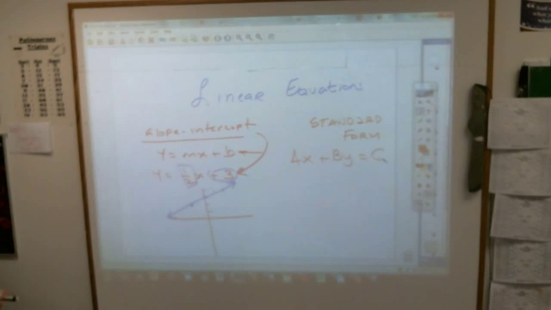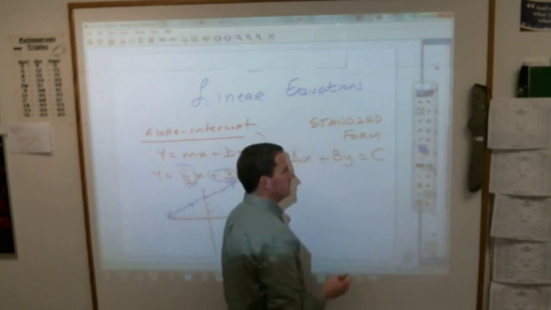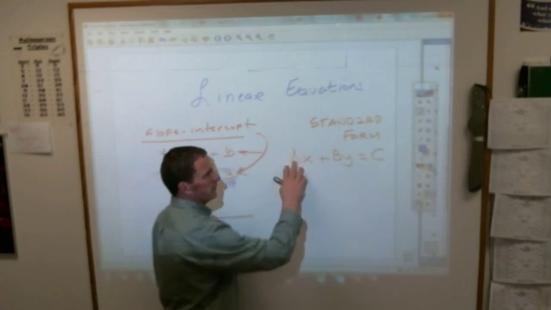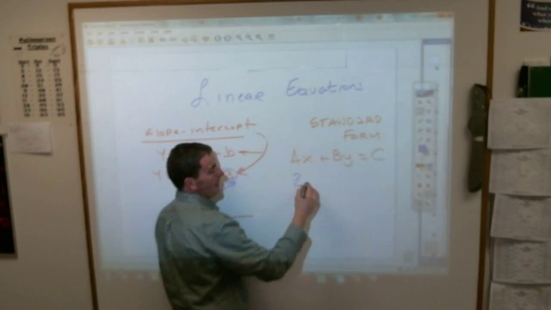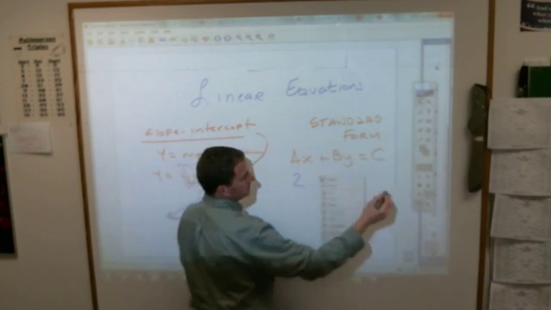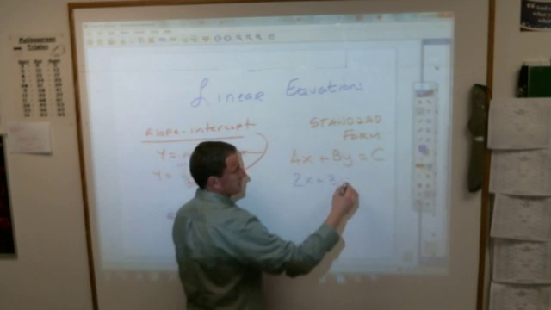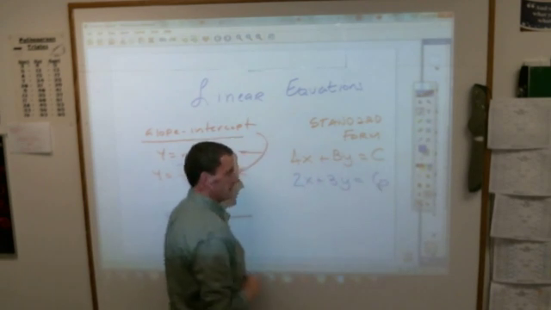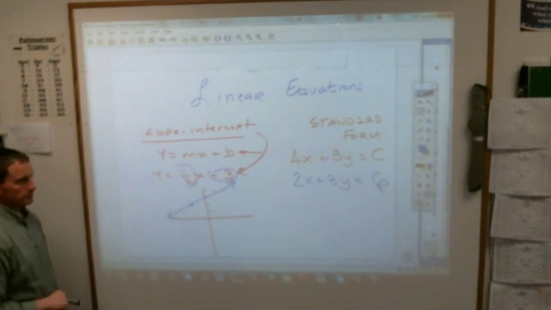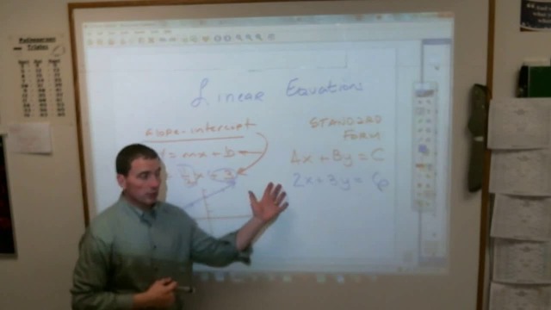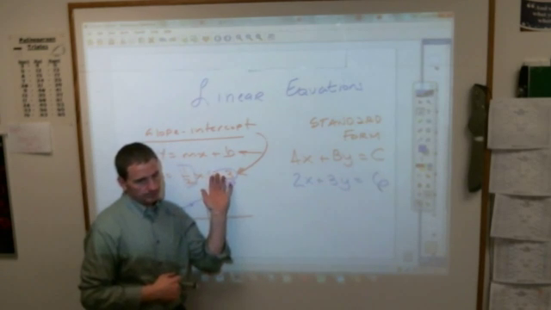To which you'll say, okay, perfect. That just means instead of the letters a, b, and c, I'm going to put numbers in there. Let's say 2x plus 3y equals 6. I could rearrange all of this and get it in the other form, but I'm not going to.